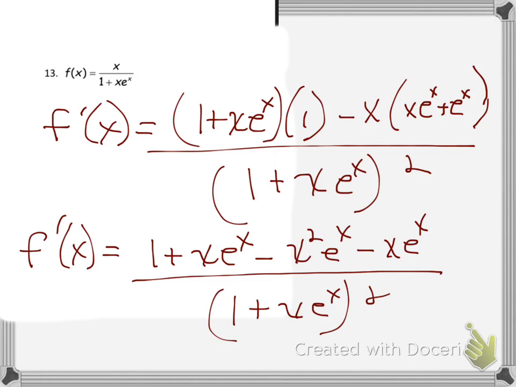So what I'm seeing is that these will cancel, and I'm going to be left with 1 minus x squared e to the x in the numerator. All right, so you probably want to practice more of these to make sure you understand how to deal with e to the x, and then go back and practice your optimization as well.